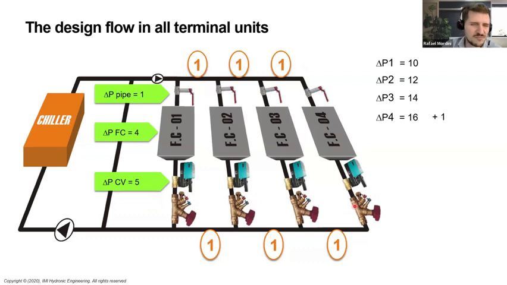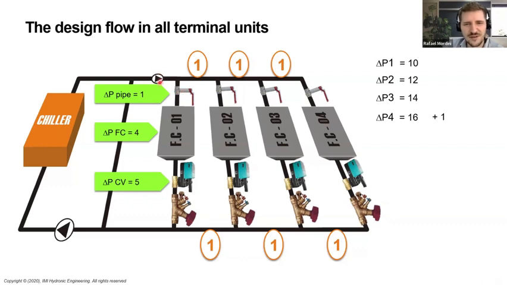Why 1 foot? It usually is what the delta P meters need to have a valid measurement for flow rates, right? So let's consider 1 foot. So the total here now for this circuit number 4 is 17. This is our pump. The pump here takes 17.